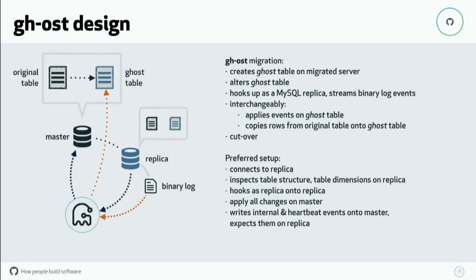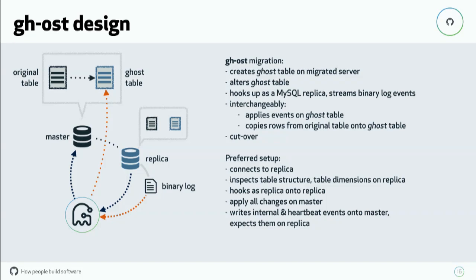So the basic flow of a Ghost migration is that you've got your original table, Ghost creates the Ghost table, it alters that table, it hooks into the binary logs, and then it starts listening to the replication stream, and then interchangeably starts to apply events that it's getting from the replication stream and copying the rows over. It does that as long as it needs to.